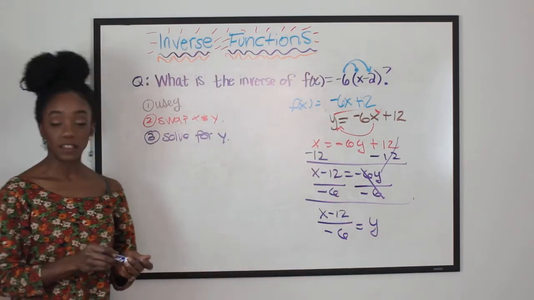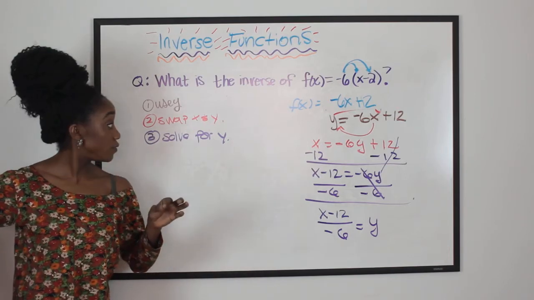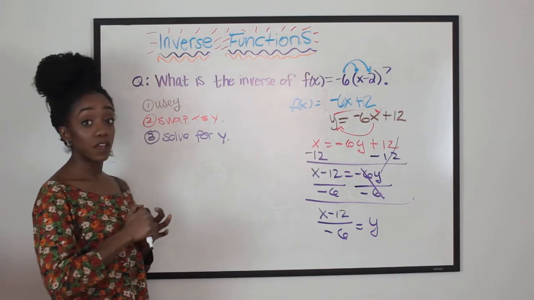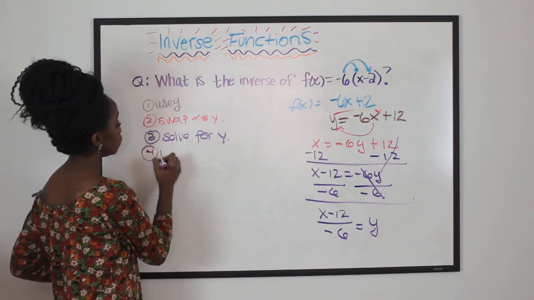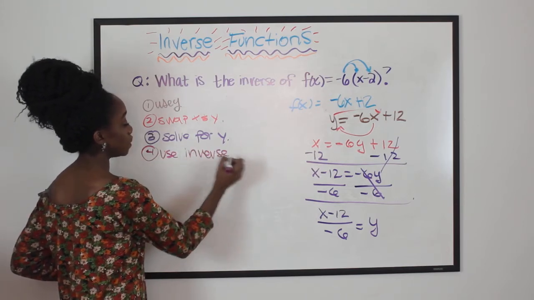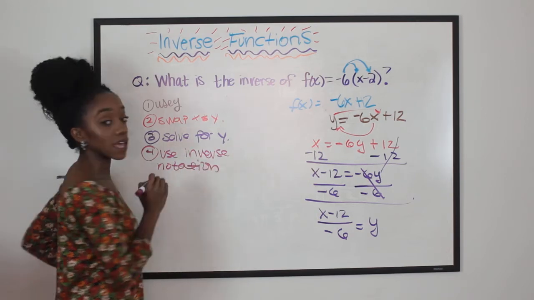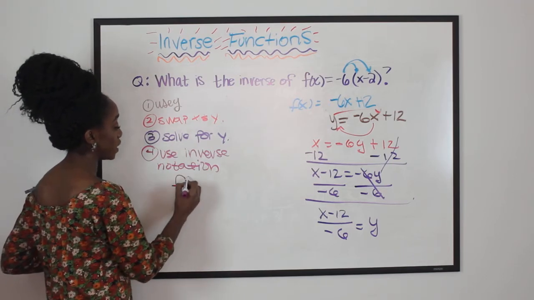I did mention that there was one tiny little step at the end after all this, and that step is to use function inverse notation. And what does that look like? It looks like an exponent of -1.